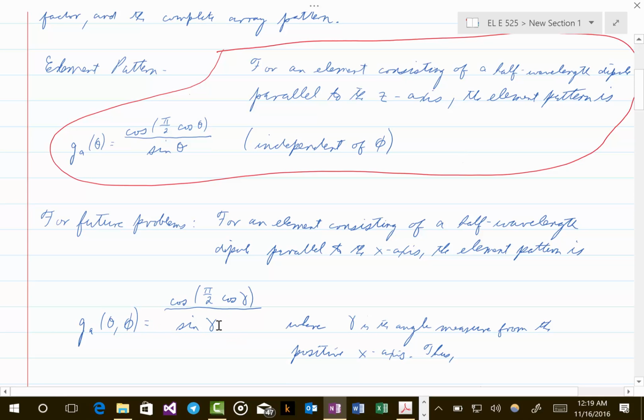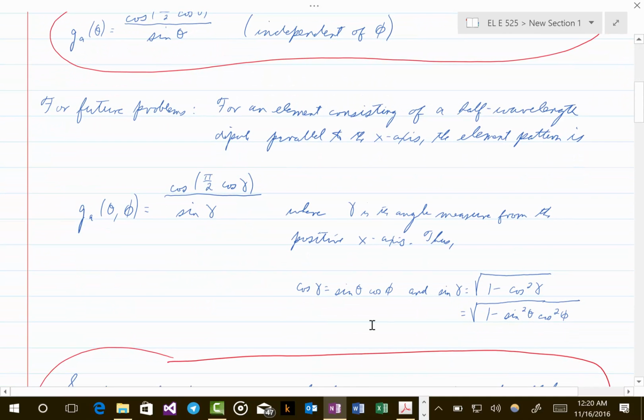Gamma is not one of those angles, but we can express cosine gamma and sine gamma in terms of theta and phi in the following way. Cosine gamma is equal to sine theta cosine phi, and sine of gamma, of course, is the square root of 1 minus cosine squared gamma, so that would end up being the square root of 1 minus sine squared theta cosine squared phi.